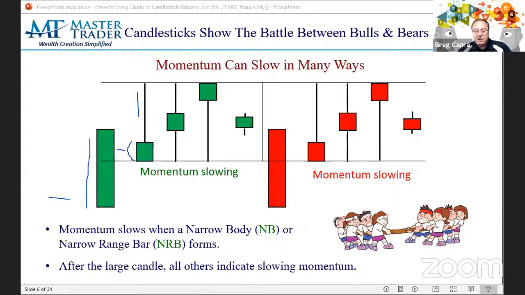It failed up at the high and came back down, but that doesn't mean it's going to continue to fail. So we have other concepts. It was in the middle of the range, slowing momentum. It's got tails on the top and the bottom. This one's got a tail on the bottom, but it's still a small candle body. This one's just a small candle range. All of them tell us that momentum is slowing.